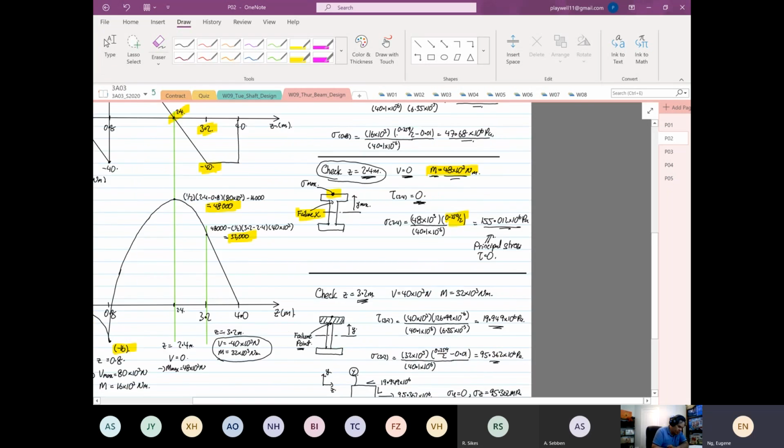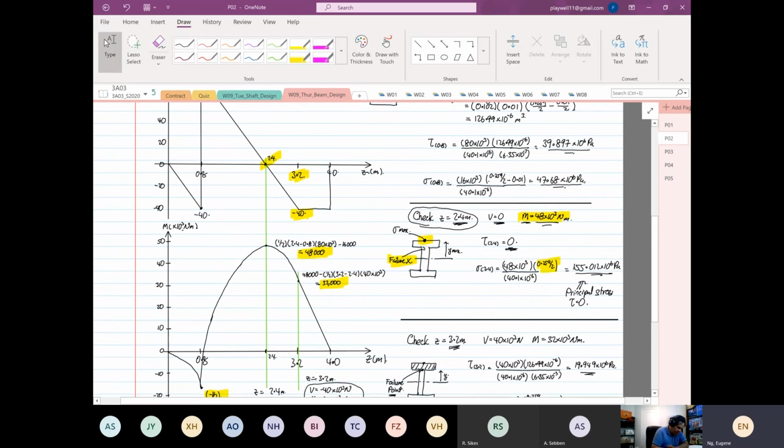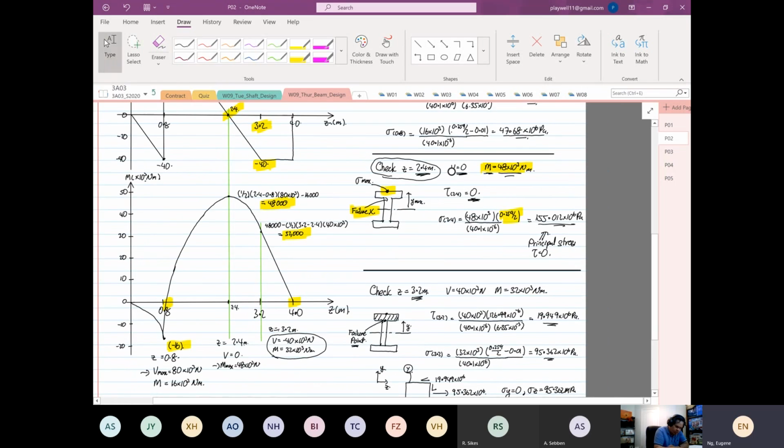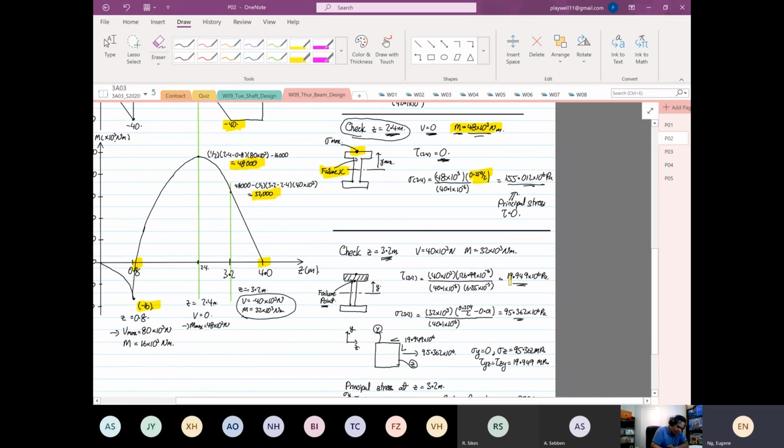Some of you will tell me, Eugene, so why don't we calculate where the normal force is equal to shear forces? When the moment is 0, the shear is not very high also. What you can see down here, very much evident, is that the normal stress is always higher than the shearing stress.